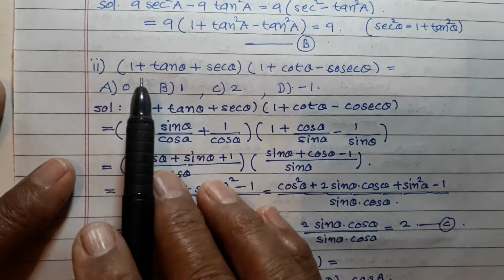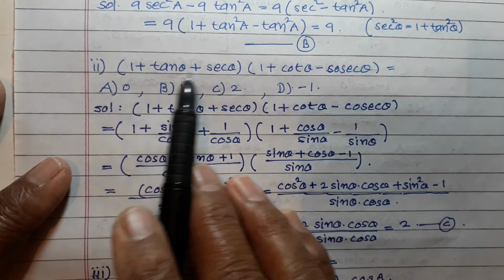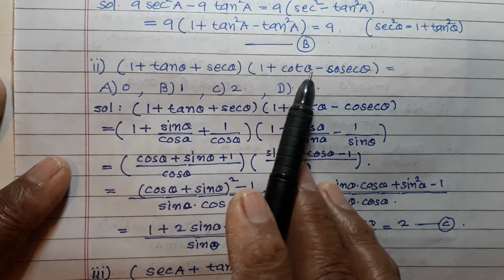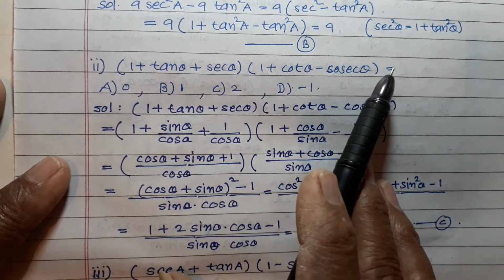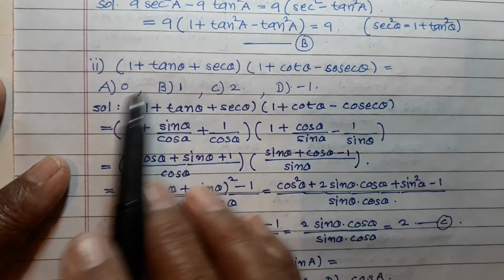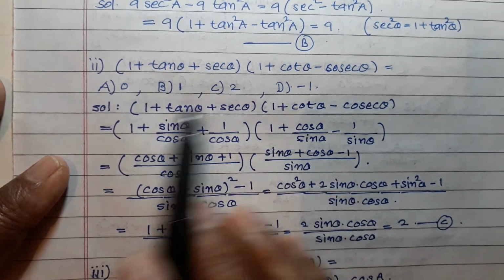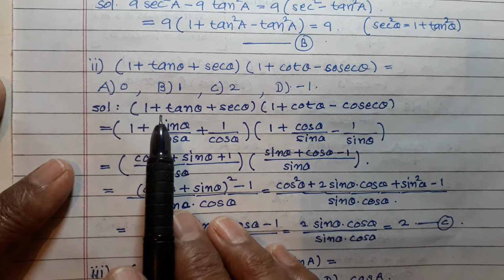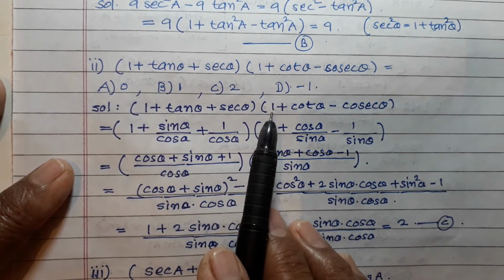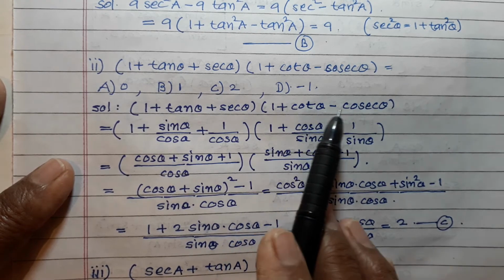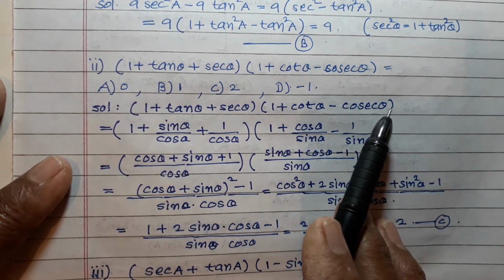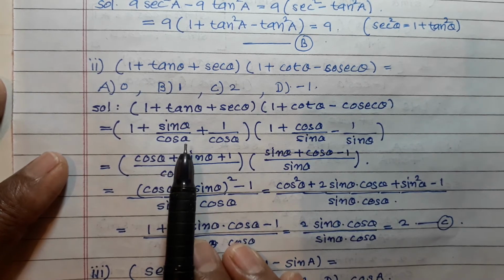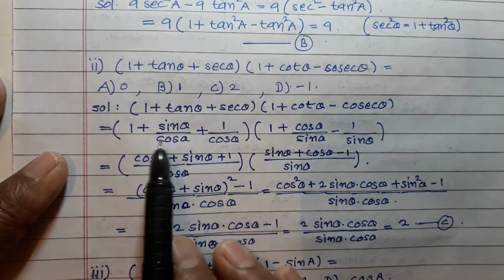Number 2. Bracket 1 plus tan theta plus sec theta into bracket 1 plus cot theta minus cosec theta is equal to, options are given. Solution. Try to understand the solution. Now you convert this into basic ratios, sin theta and cos theta.